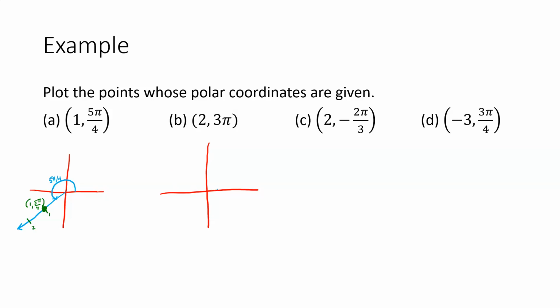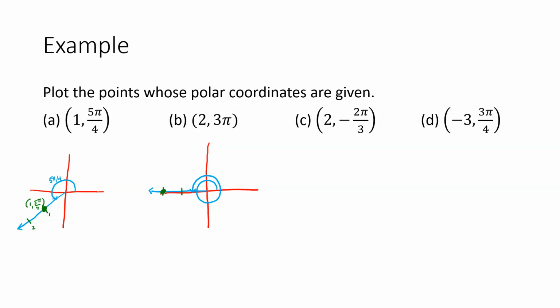If we revolve an angle of 3 pi, that's going to go around 1 complete rotation, that's 2 pi, but then it's going to go 1 more half rotation. So that's where the angle 3 pi is going to land. Really, we're looking at a point that's going to land here on our negative x-axis. Then we go 2 units down the negative x-axis, and that's where that point is going to land.